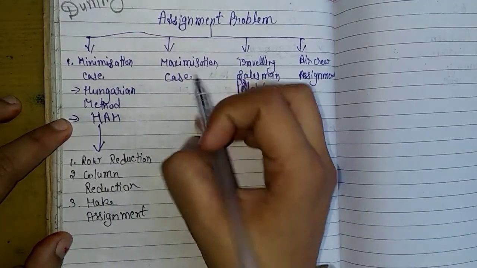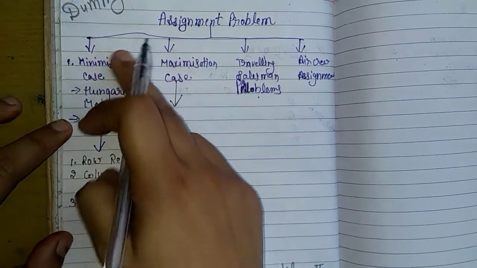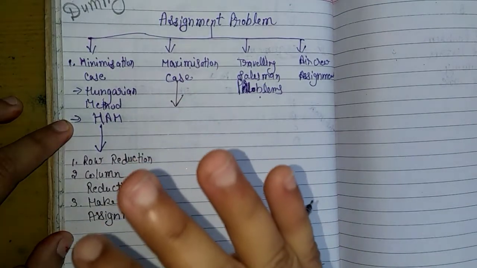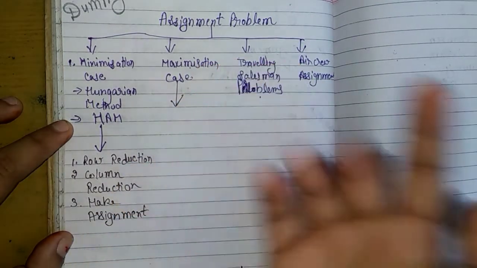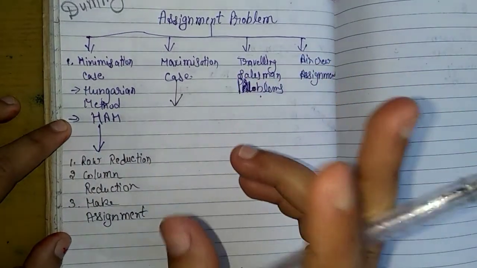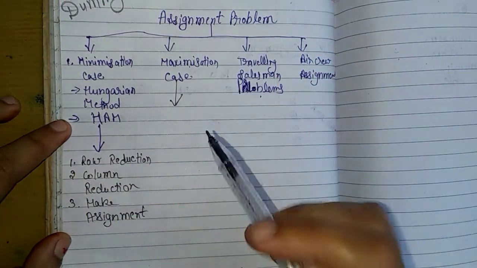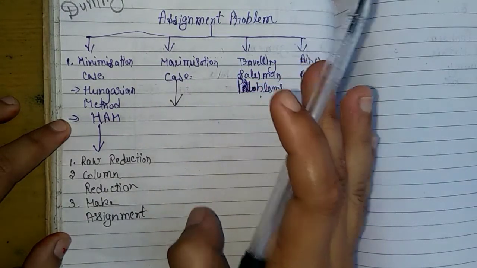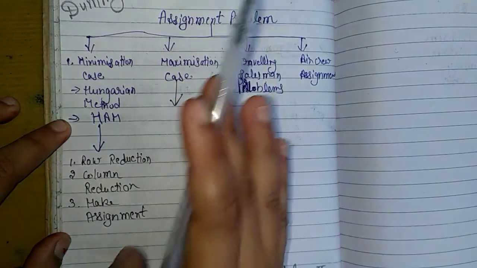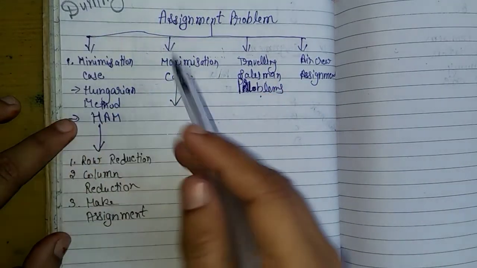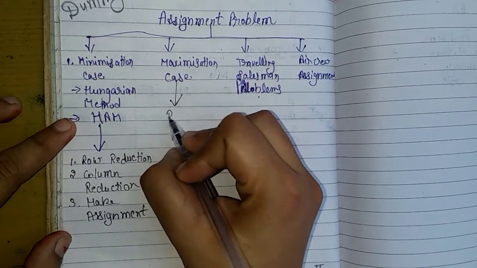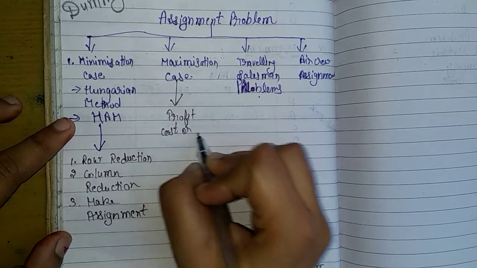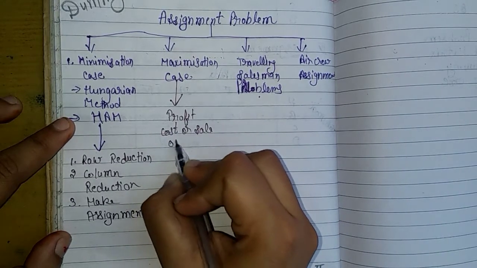Minimization case and maximization case is always given in a question so that you have to solve this question with minimization case or maximization case. If information regarding maximization case is not given, then some indirect information is always given in a question, like profit, cost or sale, or operator.